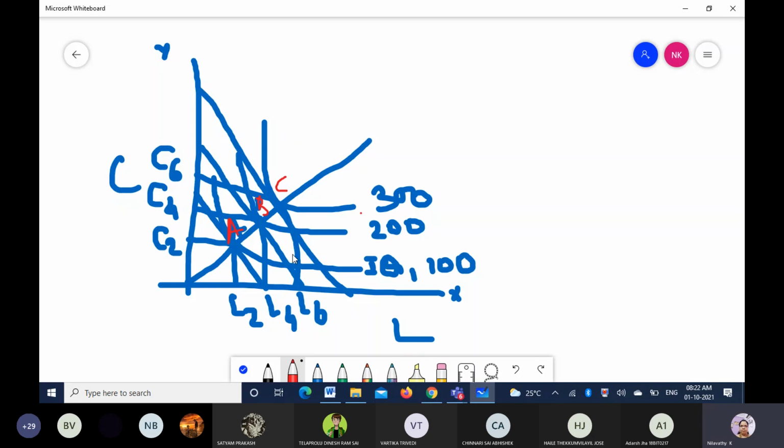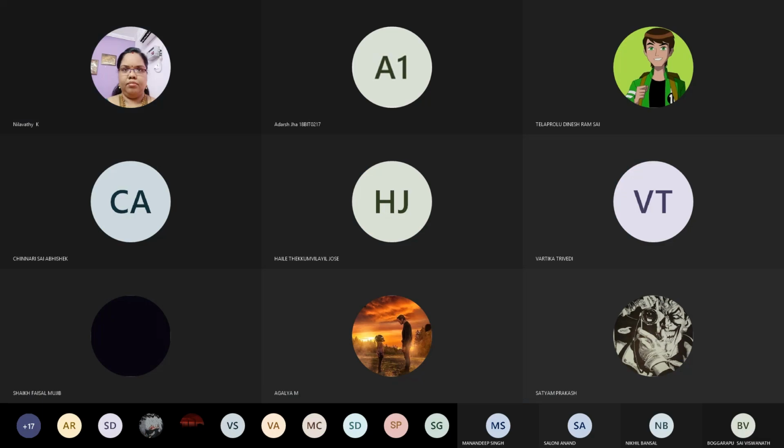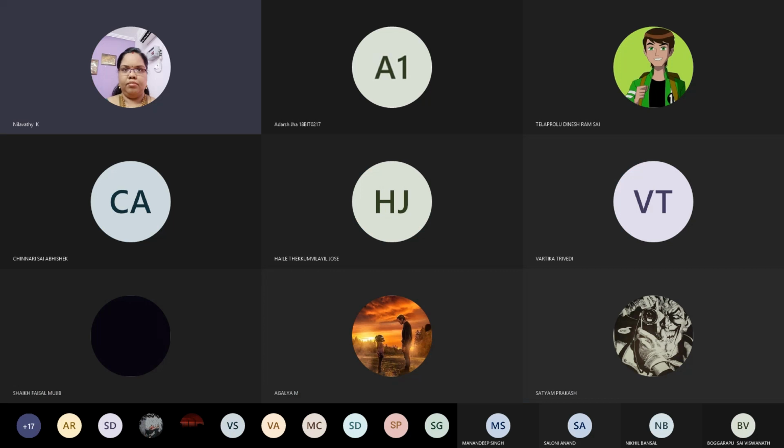So this is the law of returns to scale with the help of the isoquant and isocost line. If it is isocost, you have to draw this line also. If it is just isoquant, you can explain it with the isoquant curves alone, which is more than enough.